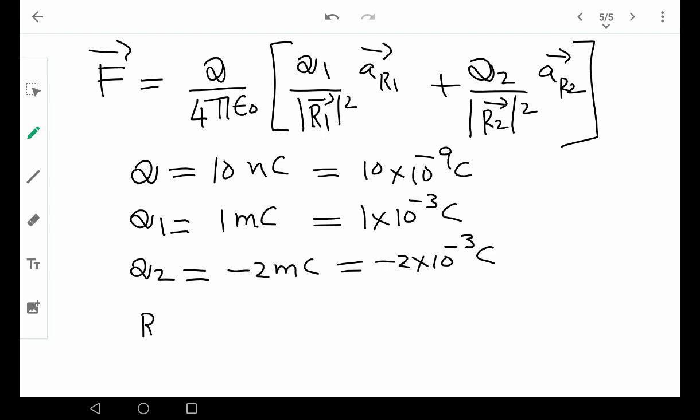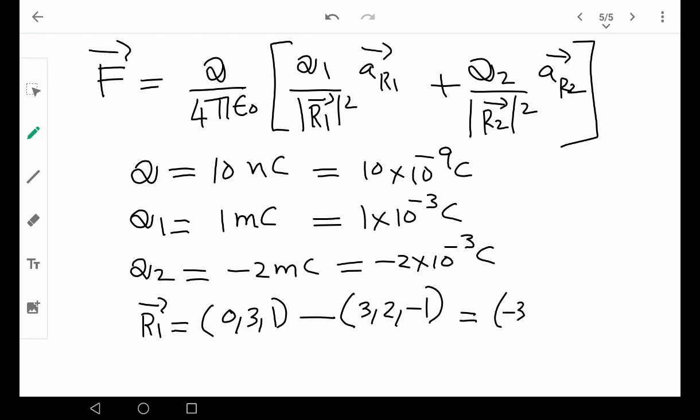You can write R1 equal to (0, 3, 1) minus (3, 2, −1), so it will be (−3, 1, 2), isn't it?